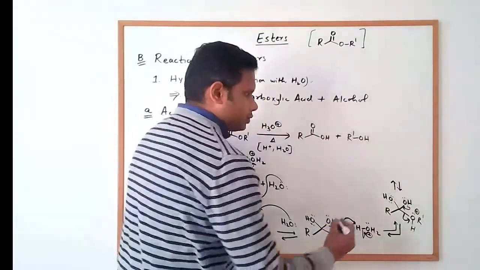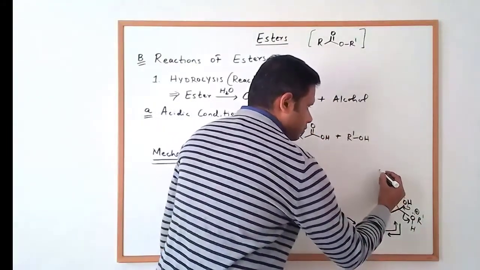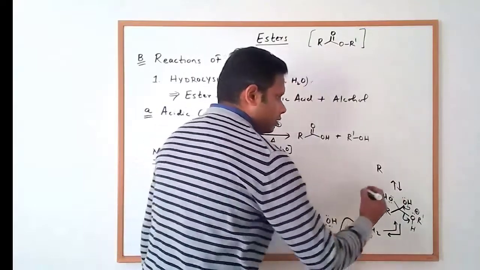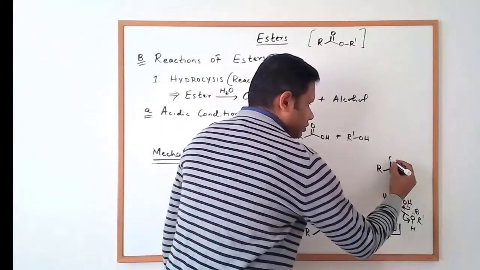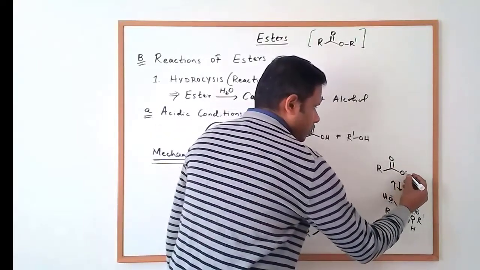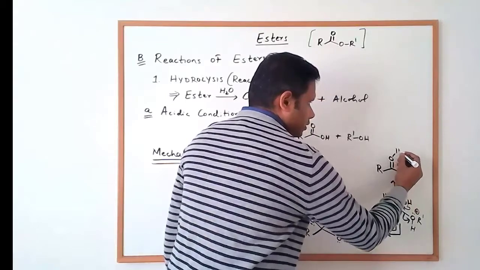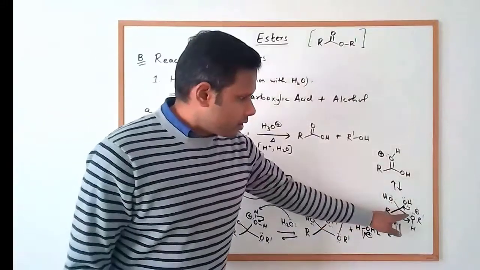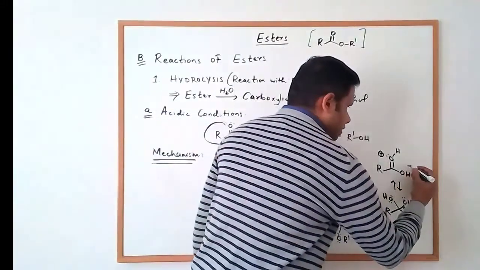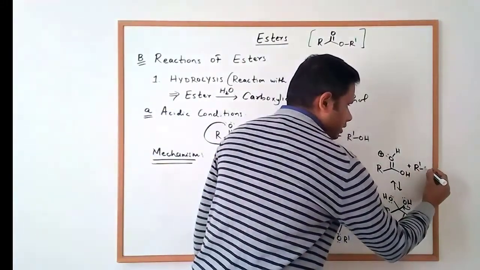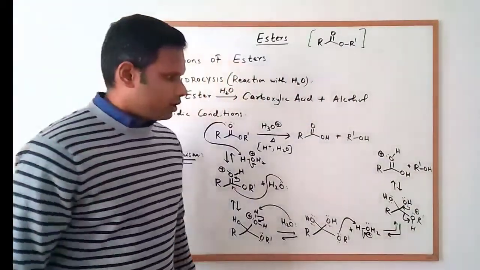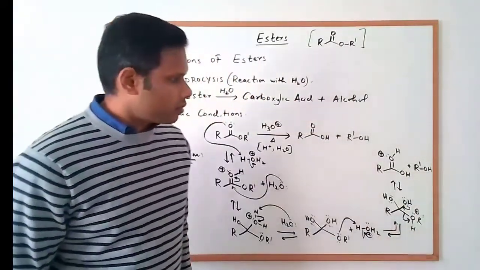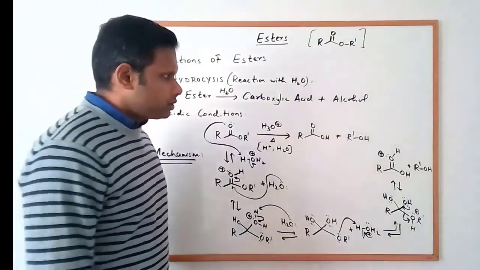So it will bring us to the next intermediate, where we have R, C double bond O, OH with a protonated acyl oxygen. And along with this, we will have the alcohol molecule. So we've created the alcohol molecule now, the R prime OH.